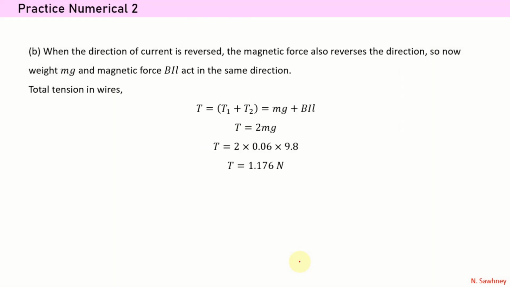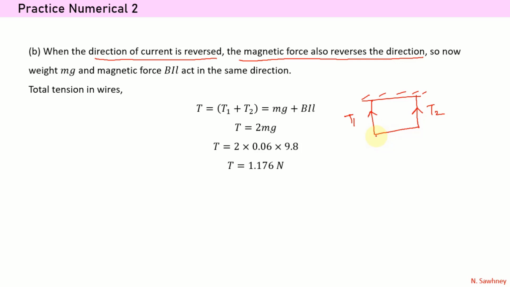Now let us see the second part. In the second part, the direction of the current is reversed. So definitely by applying Fleming's left hand rule, the magnetic force direction will also be reversed. Let us again draw. This is the wall, 2 wires having tension T1 and T2.